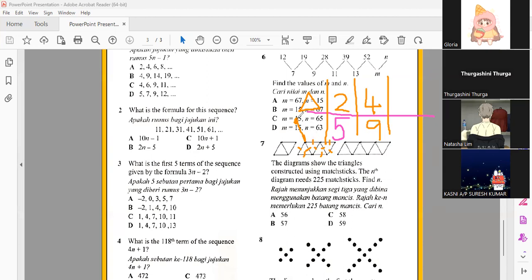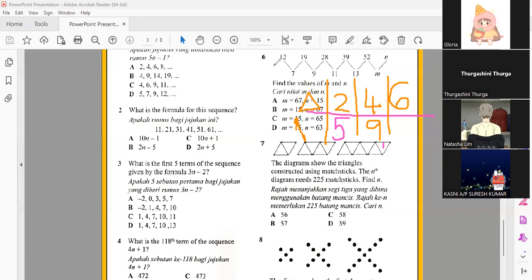Okay. I have one more example there. So this example, how many triangles first? 1, 2, 3, 4, 5, 6. So there are 6 triangles here.